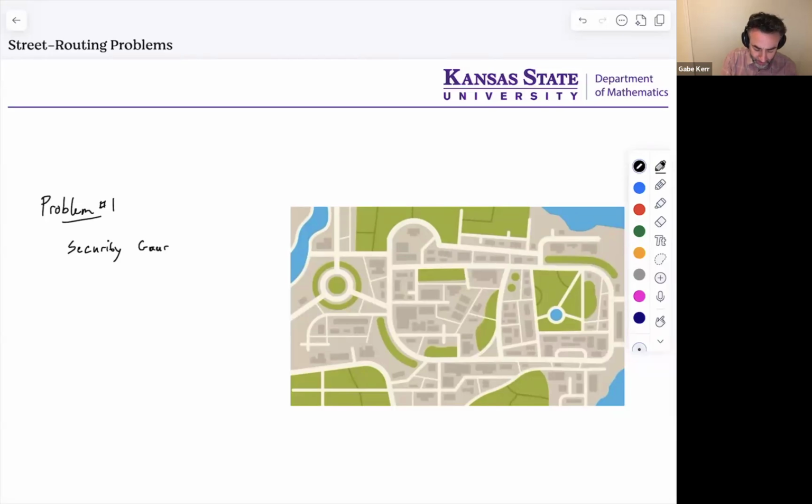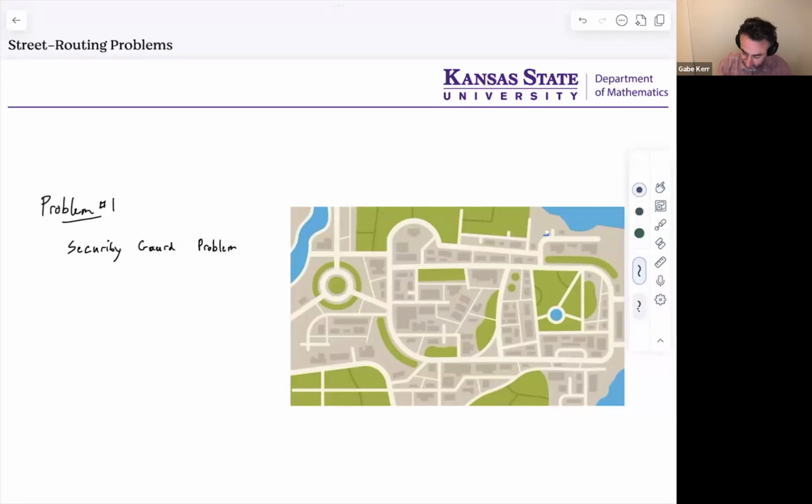You have some city, or really any kind of map, you could even imagine a building which has aisles, and you have a security guard. The security guard starts in one location. I'll choose the start to be over here, say.